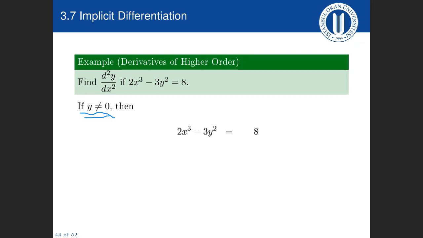I'm going to take this equation and I'm going to differentiate both sides. So on the left we have 6x squared minus 6y y prime is equal to 0.